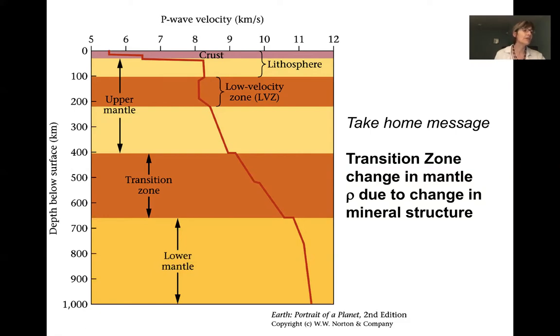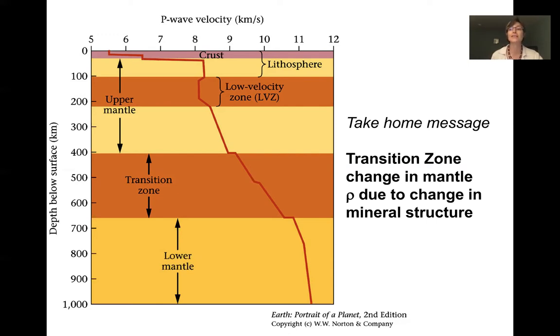But if we look down at this deeper part of the mantle between 400 and about 660 kilometers depth, we see these three distinct stair steps. Overall, we see a trend of increasing seismic velocity, but those three distinct steps we'd like to understand.